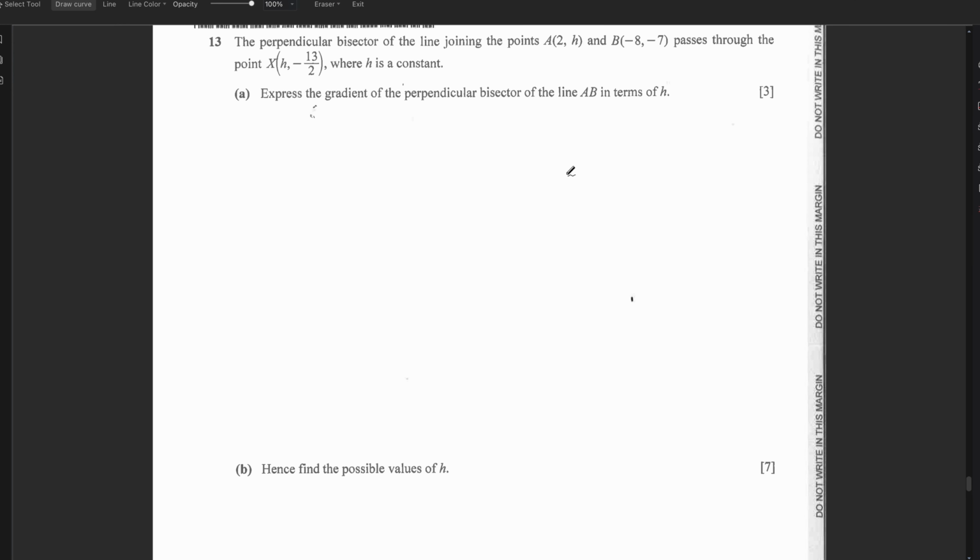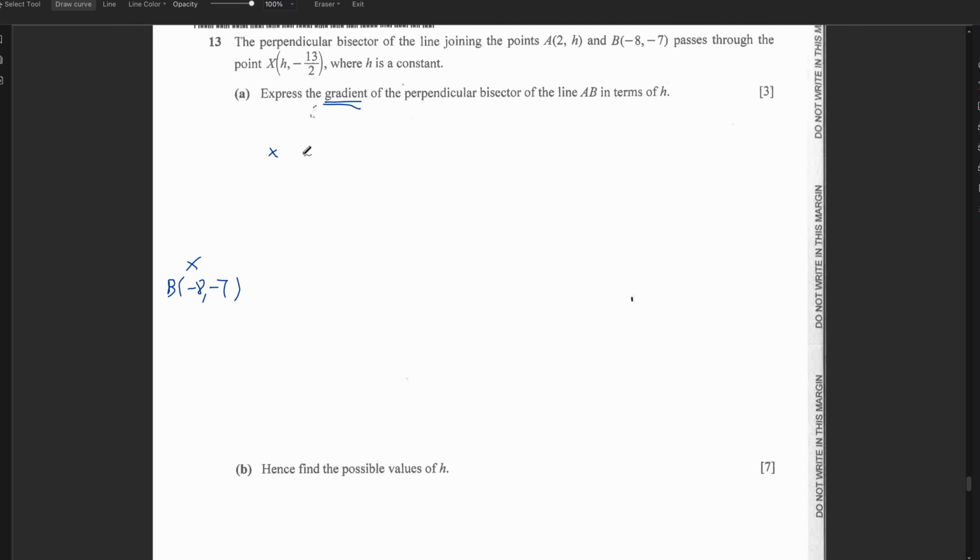Alright, finally, we are at question 13, the last question. The perpendicular bisector of the line joining the points A and B passes through point X, where h is a constant. Express the gradient of the perpendicular bisector of the line AB in terms of h. First of all, you can draw a simple diagram. B, let's say, is here, (-8, -7).